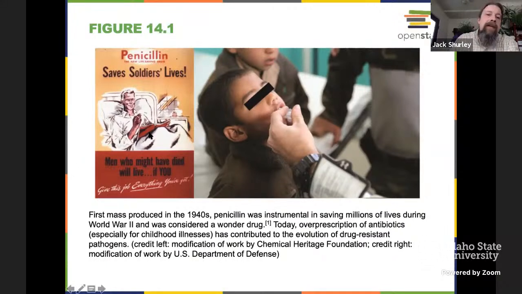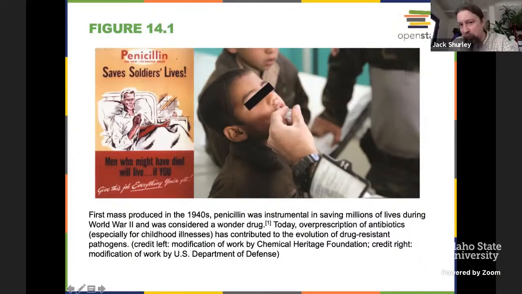So here we can see some flyers from World War II touting penicillin, saying it saves soldiers' lives. And it ultimately was credited for sure as helping the Allies win the war.